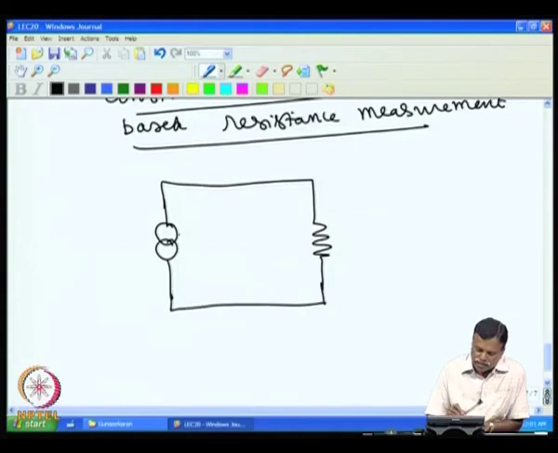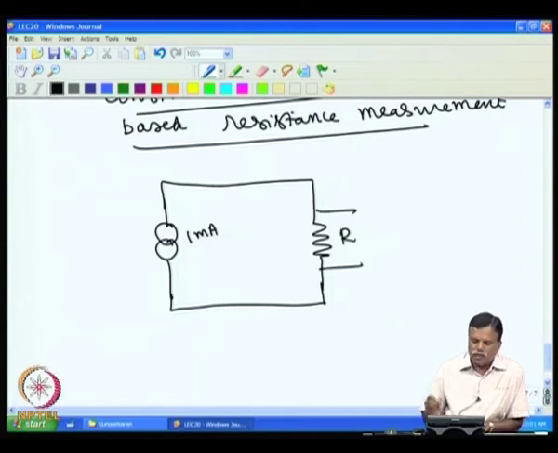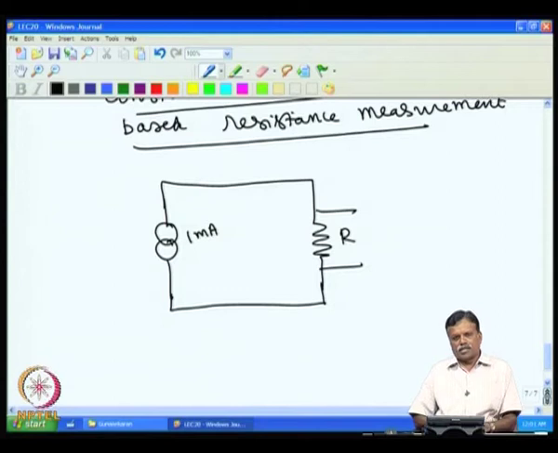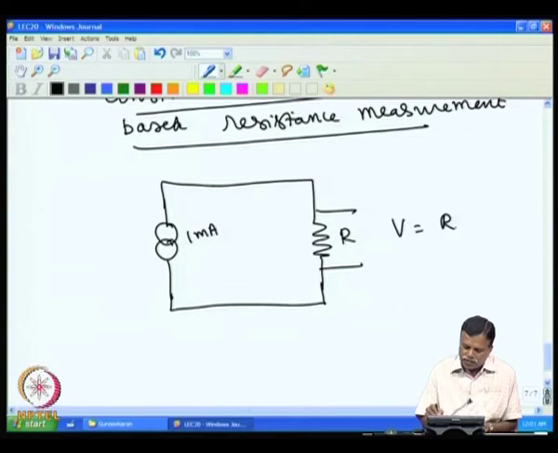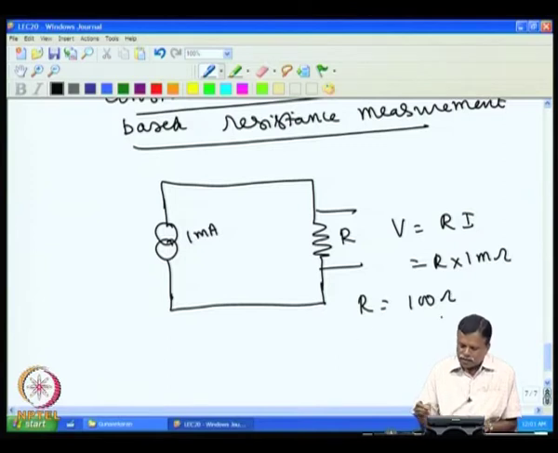So, I have a constant current source, maybe a 1 milliampere current source, and this is the resistance R whose value is to be measured. If I know the current is constant, the voltage across this will be R into I, so R into 1 milliampere.